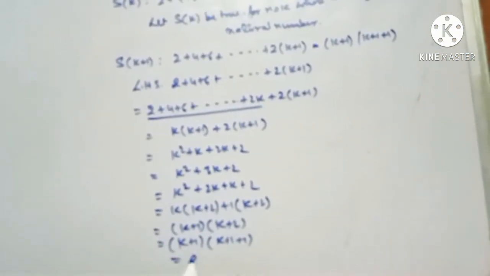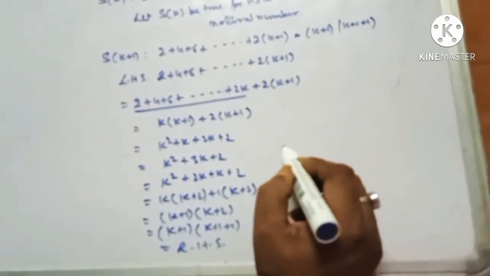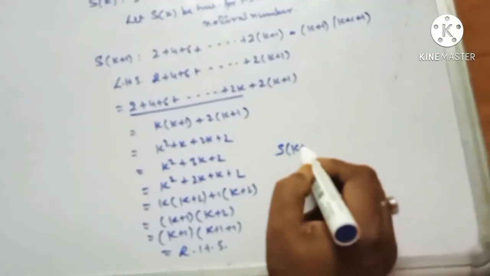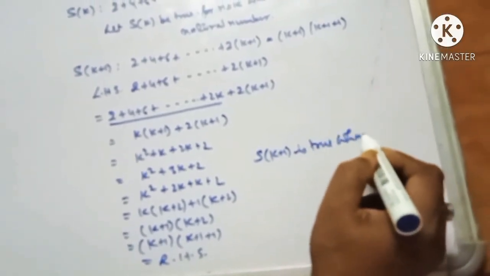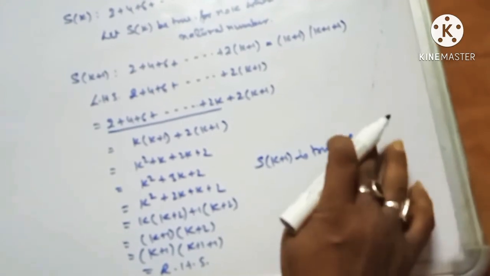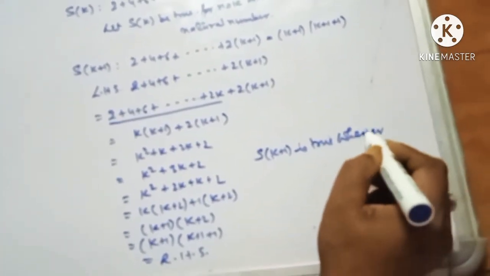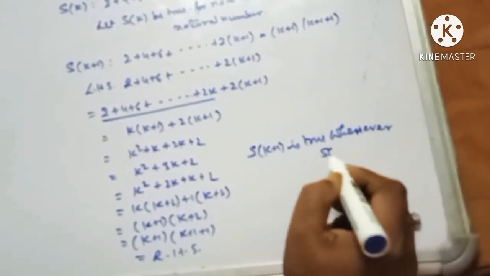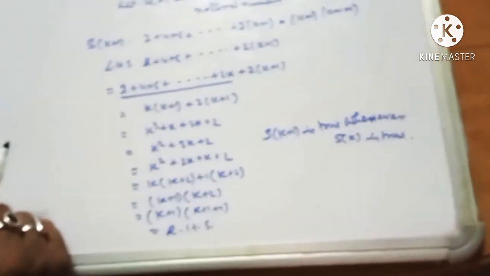So this is equal to the right hand side. Therefore k plus 1 is true whenever k is true. Now this is over. I am going to another question.